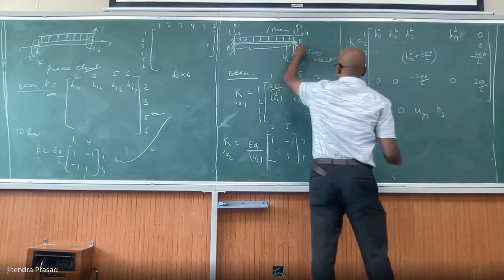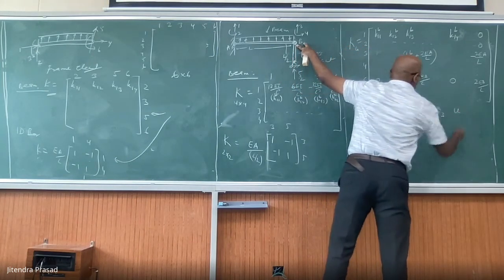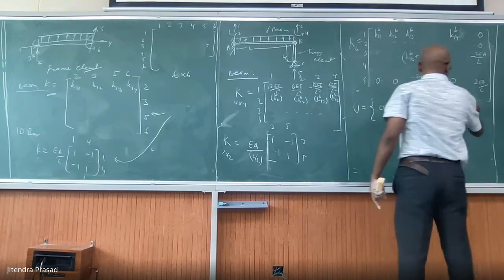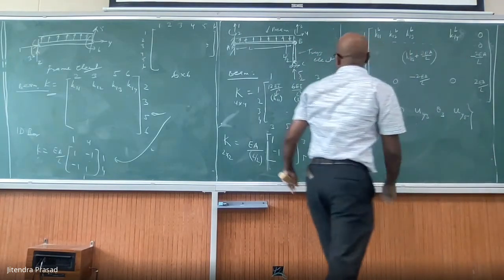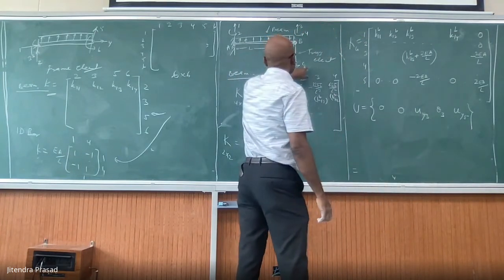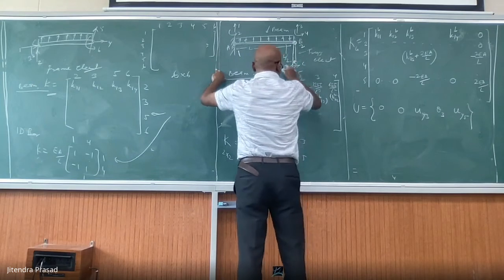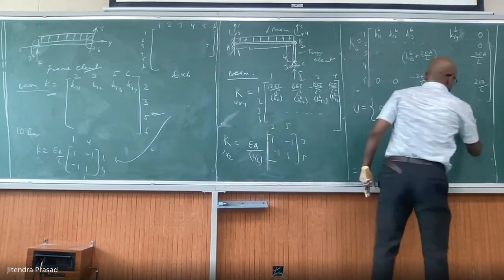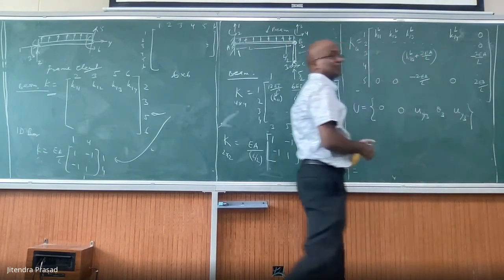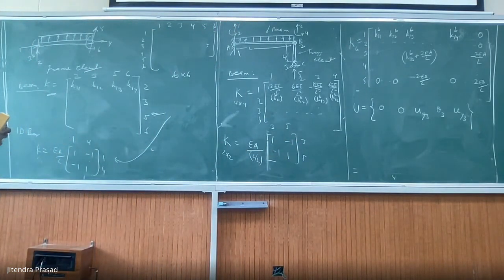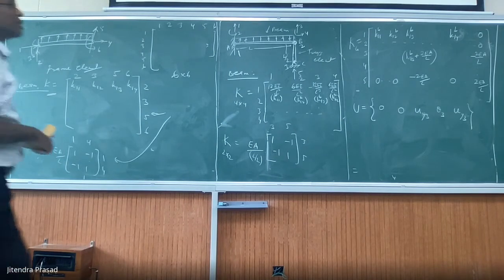Then you will have U, Y. Not 5, this is 0.3, right? So you call it node 1, 2, 3. So what number? It will be 0.